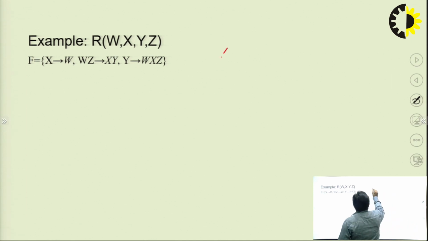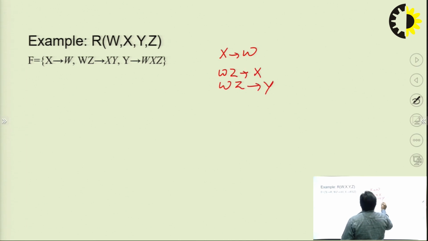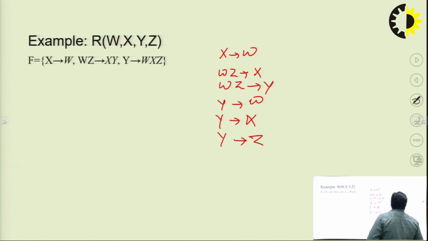So we have X to W, WZ to X, WZ to Y, Y to W, Y to X and Y to Z. These are 6 sets.